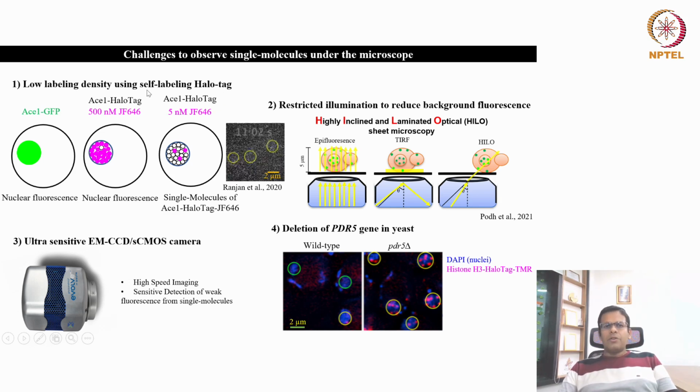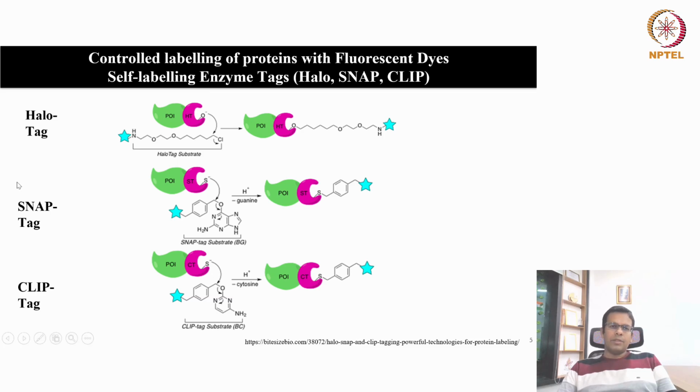So this is known as the controlled labeling that is required for single molecule imaging, and for that you can use the halotag chemistry, and there are some more tags, snap tag and clip tag, which provide the same chemistry for labeling. So you have to fuse your protein of interest at the C terminus with either halotag or snap tag or clip tag.